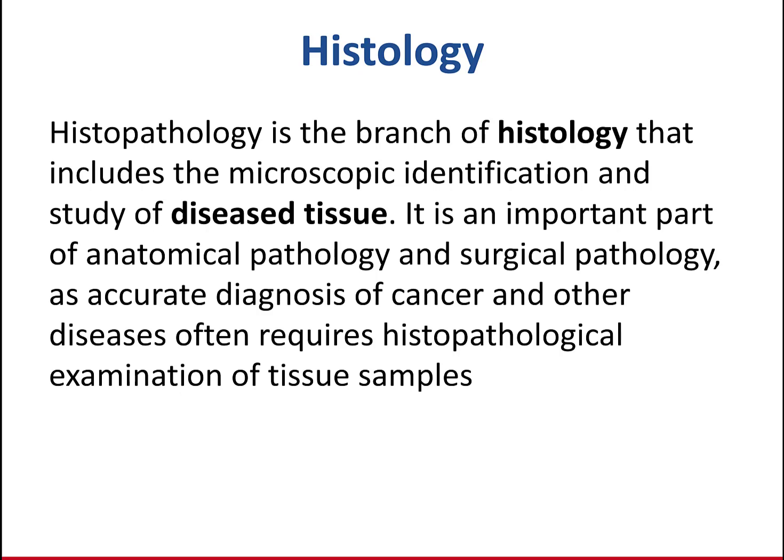Histopathology is the branch of histology that includes microscopic identification, a study of diseased tissue. So I worked in pathology at one time and looking at changes in cellular makeup of tissues. That can be quite challenging. It's an important part of any anatomical pathology and surgical pathology.